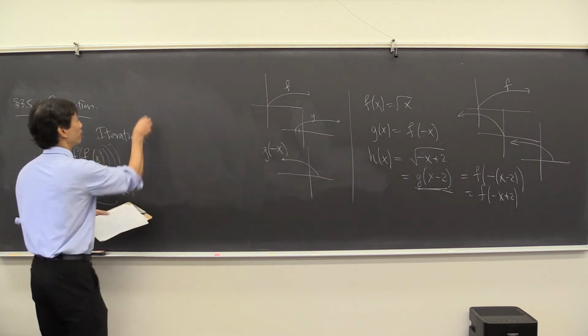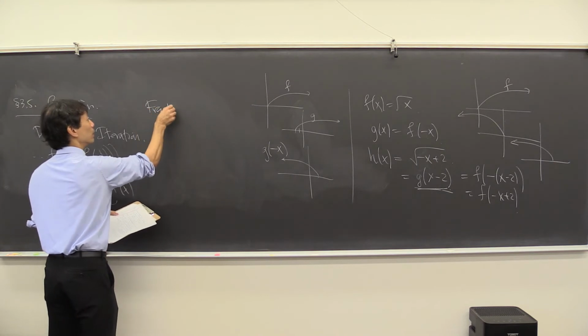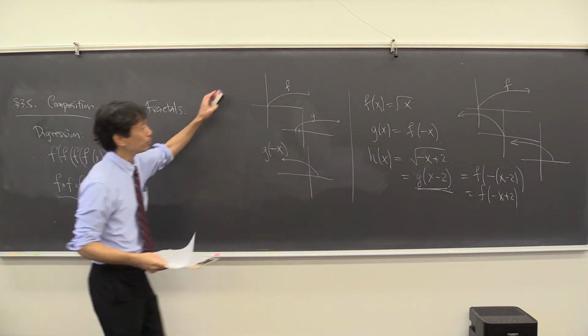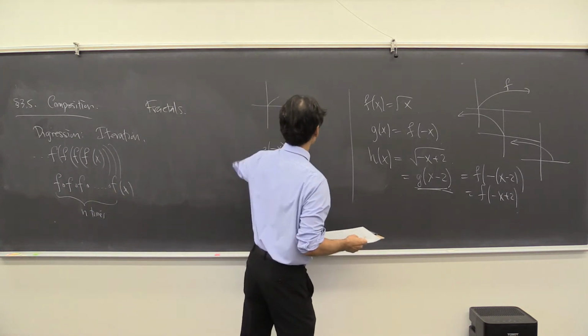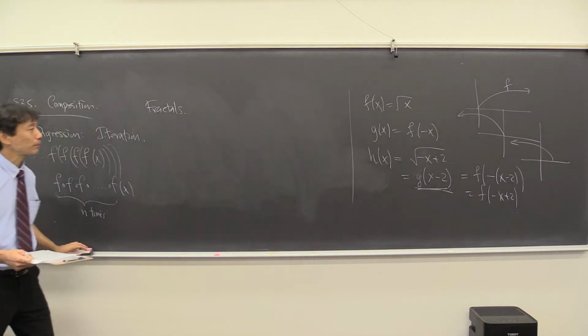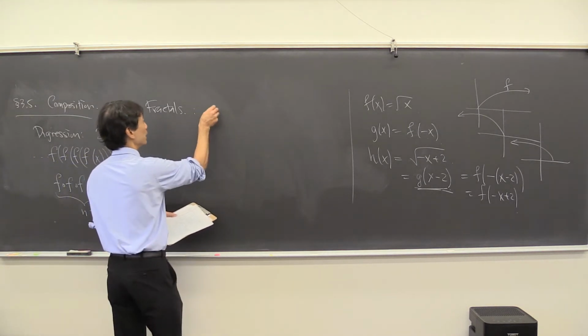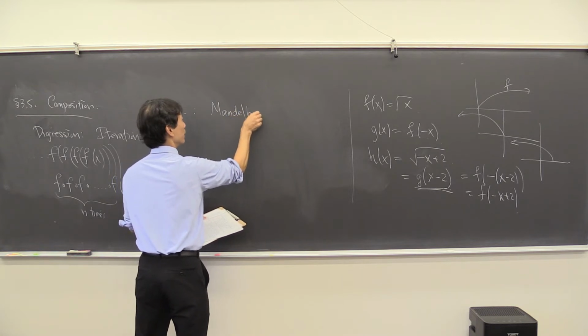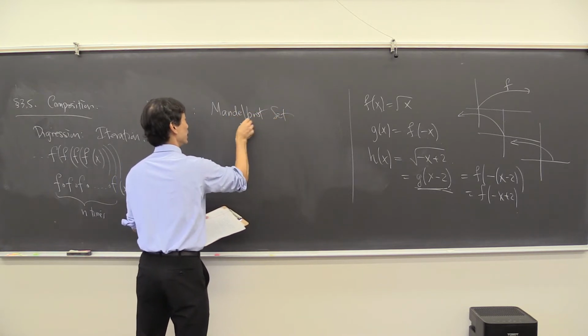Those of you who've heard the term fractals, fractals are I think often generated in this way. If you want to see cool things on the internet, look at, say, Mandelbrot set or the Julia set.